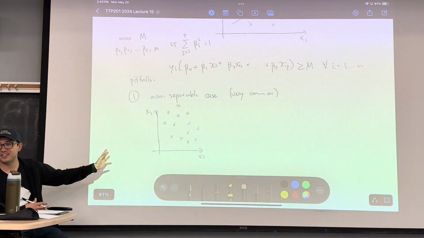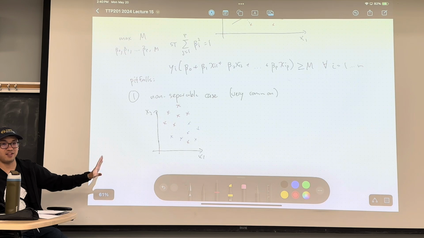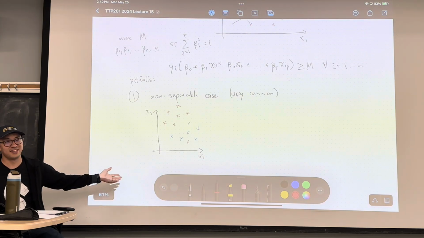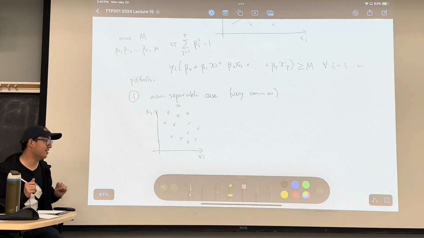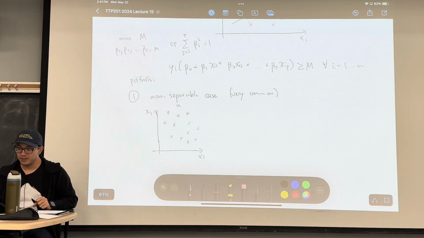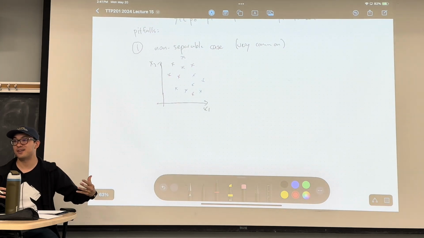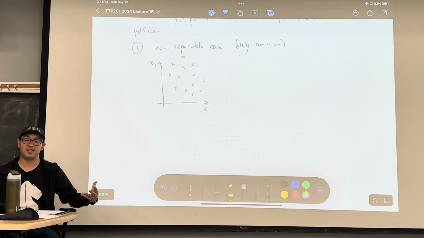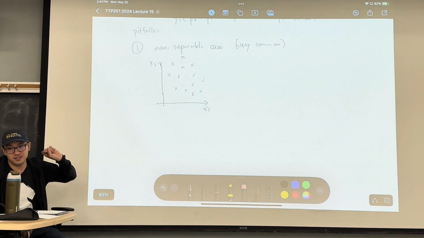It just doesn't work. There is no hyperplane that separates everything into two groups. That seems like a pretty strong pitfall, which it is. We're going to talk about an extension of this that will allow us to deal with this issue in a moment.